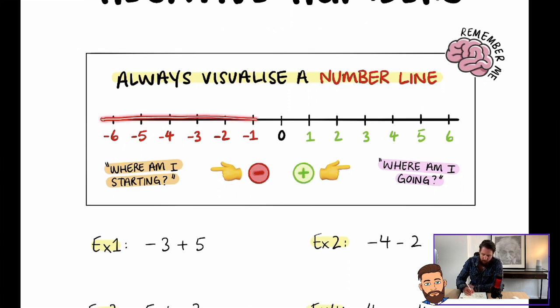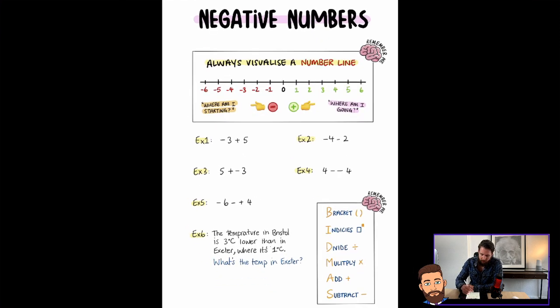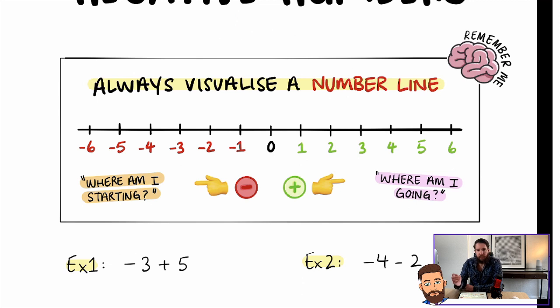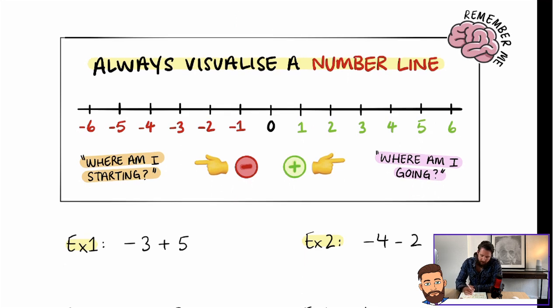Now, I've drawn one here for you that goes horizontally. You could visualize a number line that goes vertically, like temperature. But either way, if you can visualize a number line, that is going to be the first step to making negative numbers easier. And I've written here, obviously, if we take away, we're going to be going left, down the number line into the negatives.